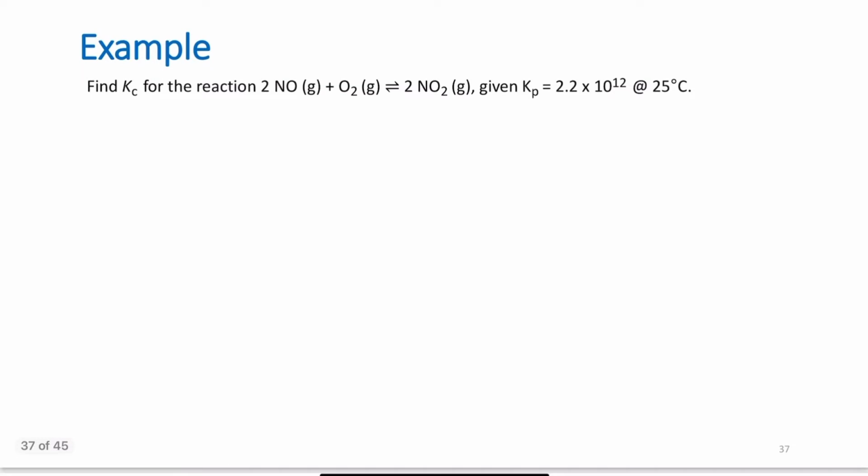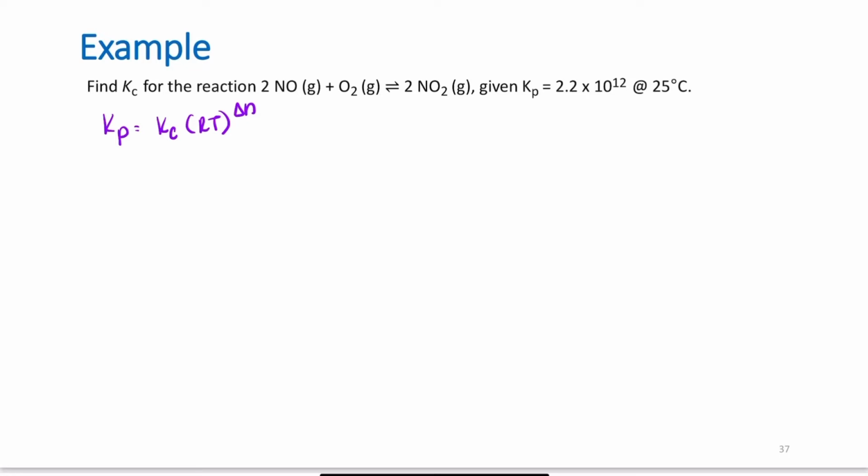Find Kc for the reaction 2NO gas plus O2 gas in equilibrium with 2NO2 if I'm given that Kp equals 2.2 times 10 to the 12th at 25 degrees C. So again, we know that Kp equals Kc times RT raised to the change in n.